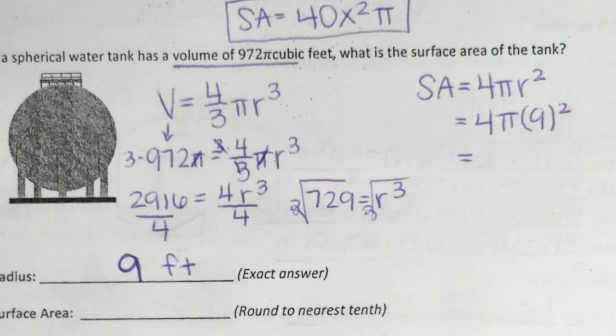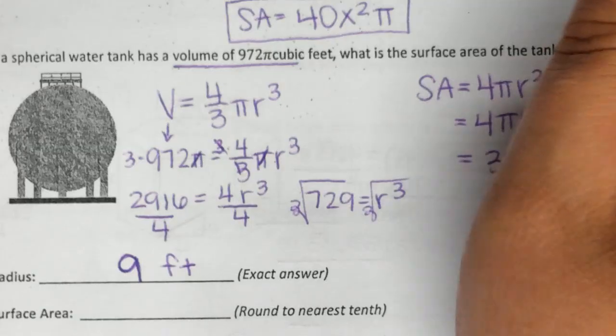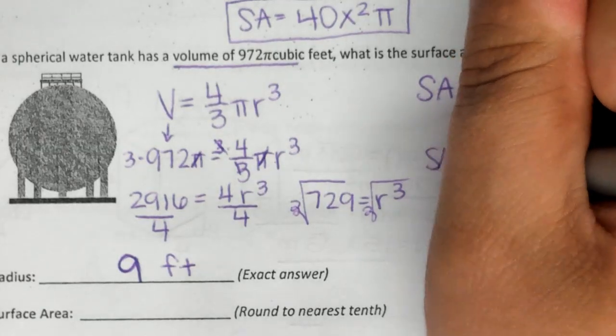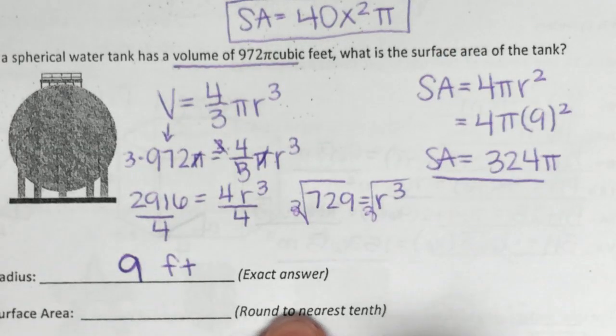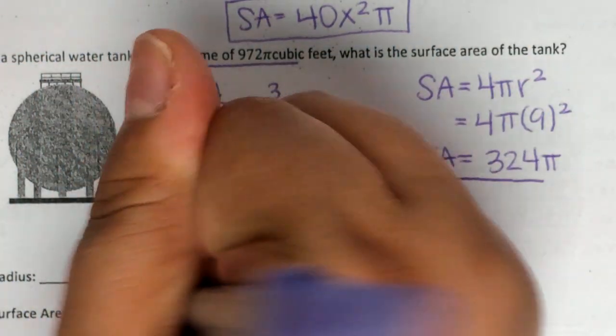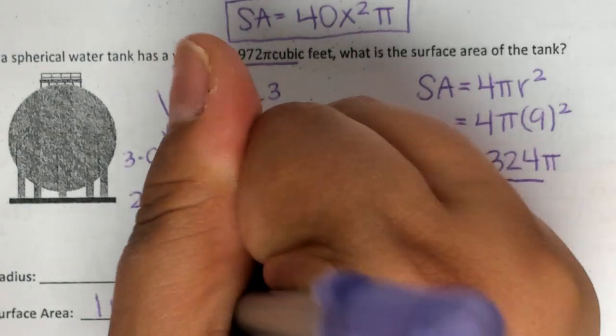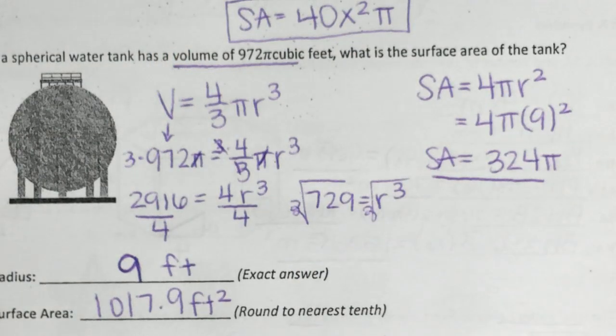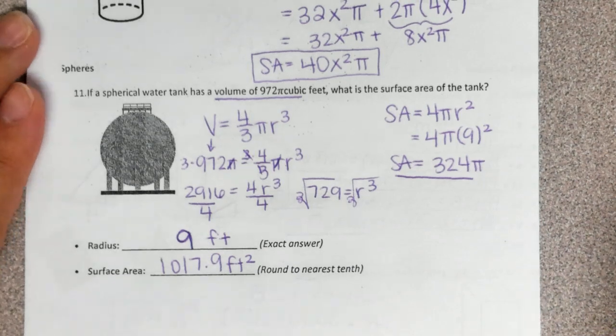So that is 324 pi. But it wants us to round, so just put 324 pi in the calculator. Or just type in 4 pi 9 squared in the calculator and you get 1017.9 squared. It's area, so it's squared.